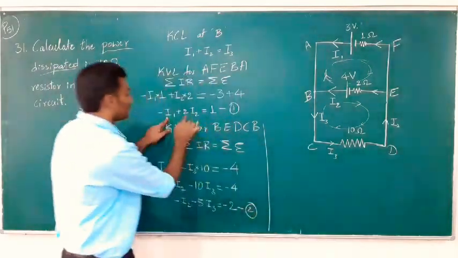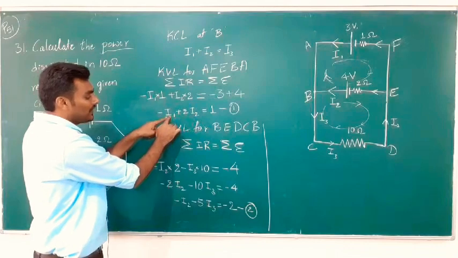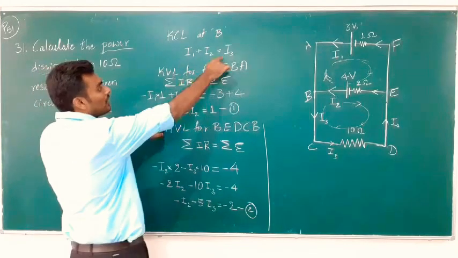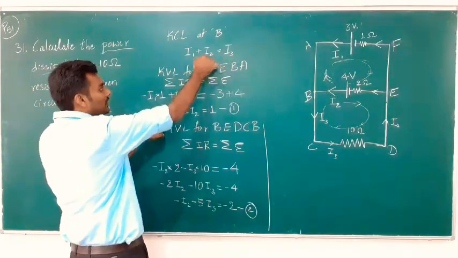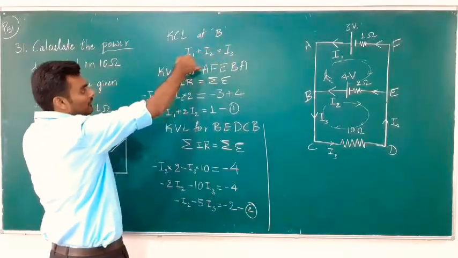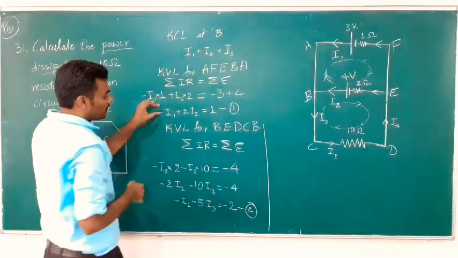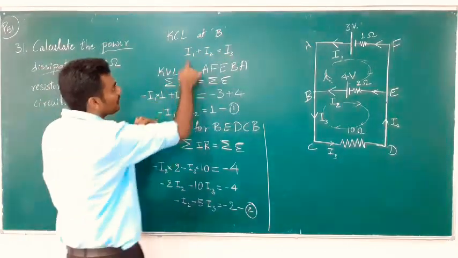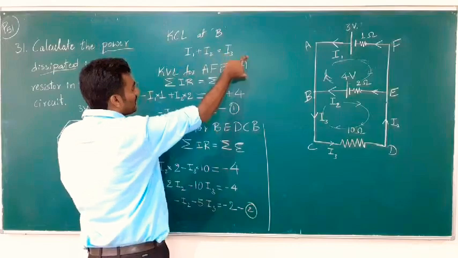So from this expression, first I'll replace this I1 with I3 and I2, because I have the relation between I1, I2 and I3 given by I1 plus I2 is equal to I3. So I'll replace this I1 by I3 minus I2.